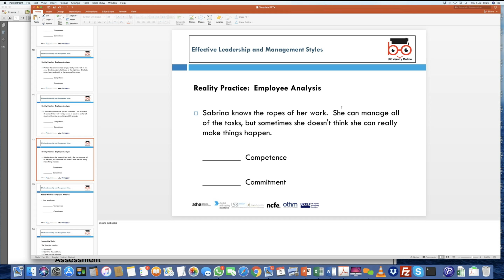If I just read this alone, she can manage all the tasks, that means she's competent. But when I add this to the equation, there's a bit of a reflection that she can sometimes feel insecure or not confident enough to be able to make the difference. And that is where it becomes a question mark in terms of her commitment.